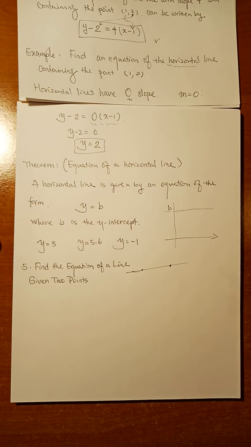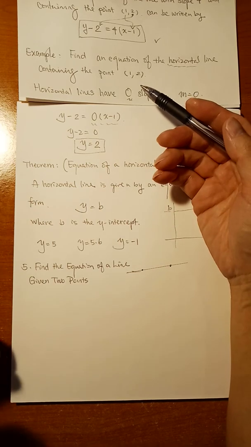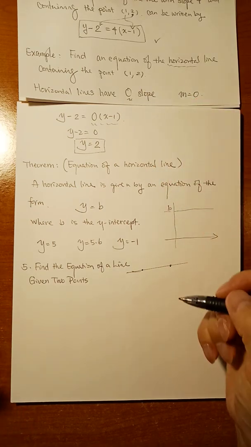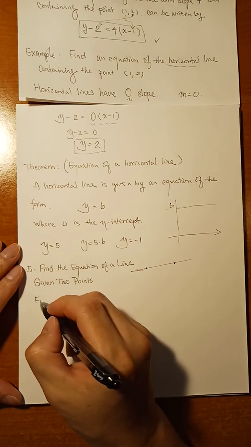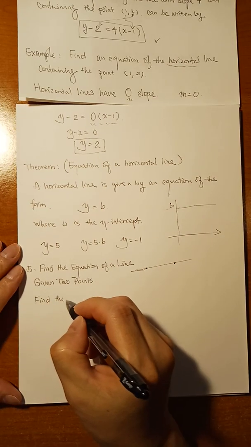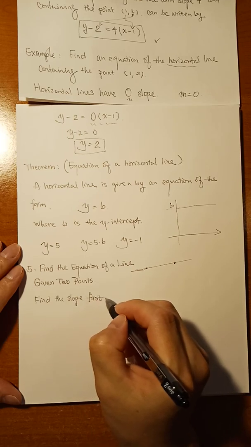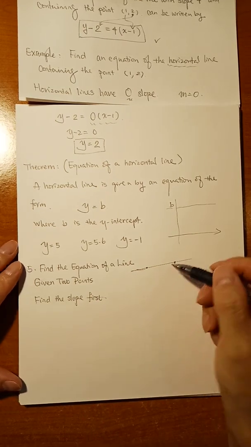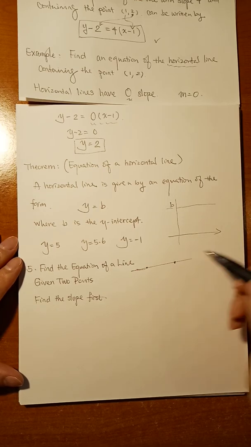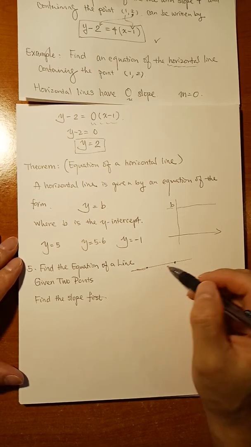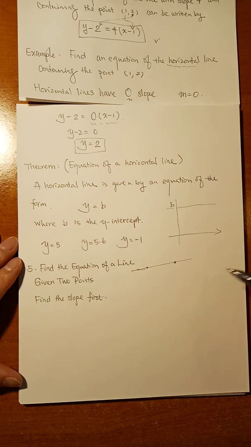All right, so no slope. We only know the point slope form, so we have to find the slope first. How do we find the slope? What is a slope? Rise over run. Whenever you have 2 points, you can determine the rise, you can determine the run.